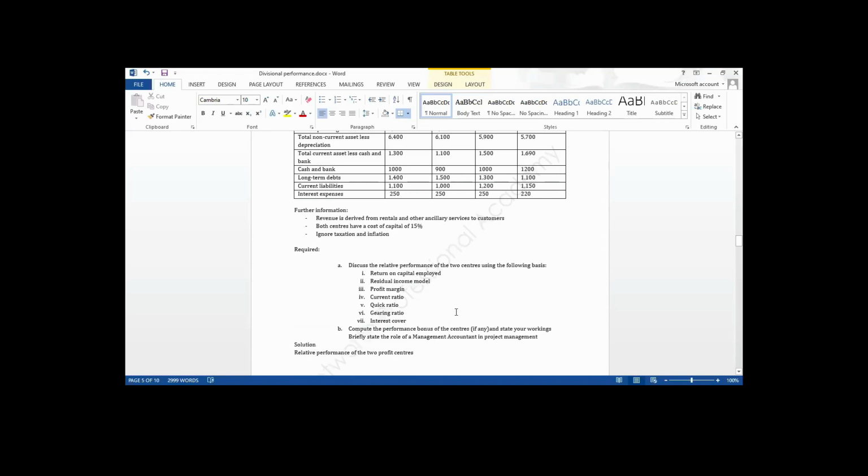Now, your profit margin. You can note it, even though we expect that most of us will know it. Profit divided by your revenue, that is your sales revenue, multiplied by 100 over 1.